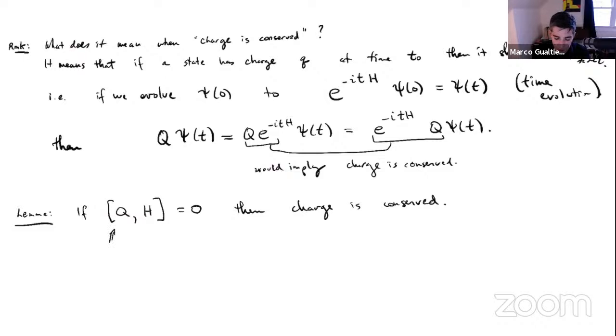Really, this is another way of saying that when we take the bracket between iQ and iH, both in u(n), the Lie algebra, we require that this is 0 in u(n). That's the meaning of this condition: the infinitesimal symmetries determined by these two operators should commute.